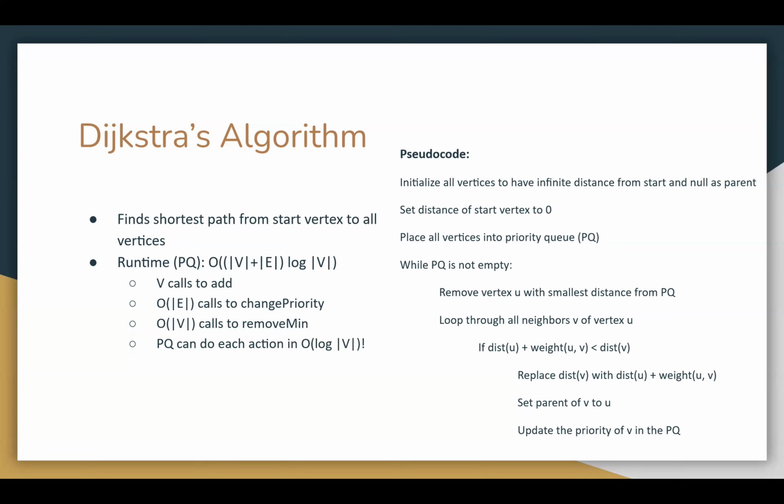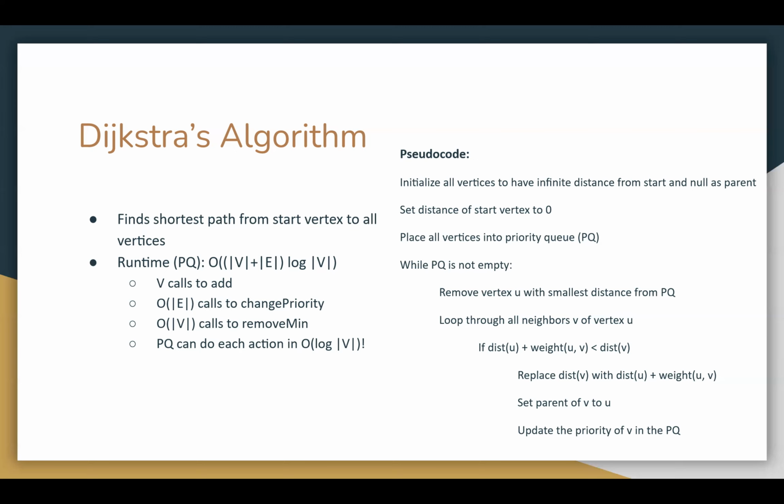So now this begs the question, what exactly is the runtime of Dijkstra's algorithm? If we take a look through our algorithm, we'll see that we'll have V calls to add, where V is the number of vertices in our graph. And we'll have at most O(E) calls to change priority, because we'll be changing the priority of various vertices at most the number of edges in the graph.